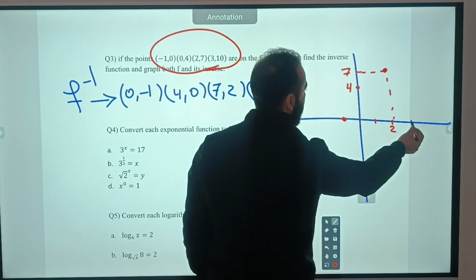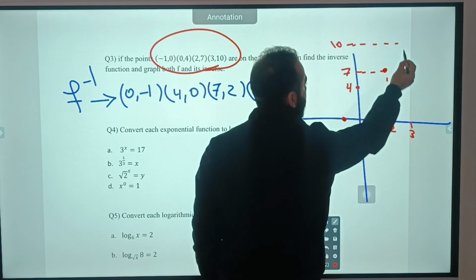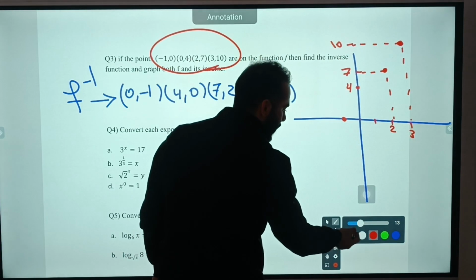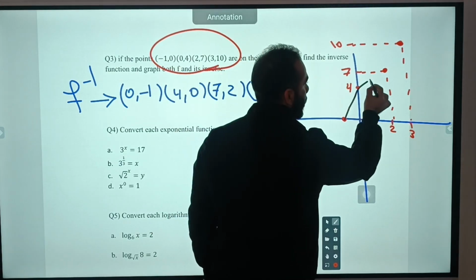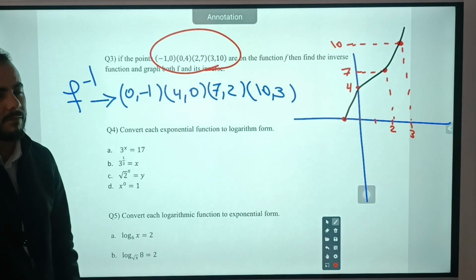Finally we have 3 and 10, let's imagine here is 10. Join these points and it gives you the graph of f. Something like this is enough for me.